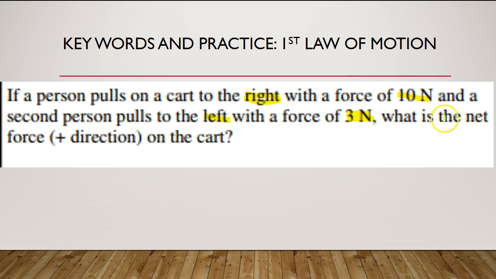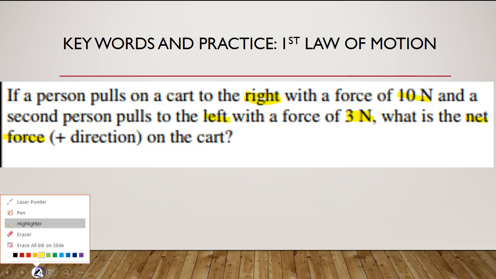Okay, what's the net force? So how are we going to approach this? Since the forces are in opposite directions, you will subtract 10 minus 3, which equals 7, going to the right because the right has more force.